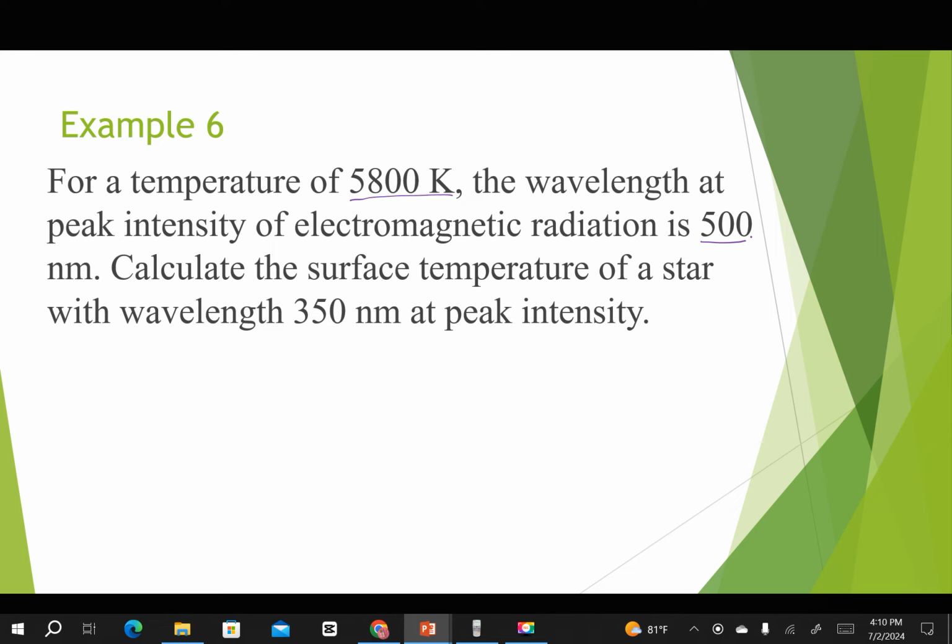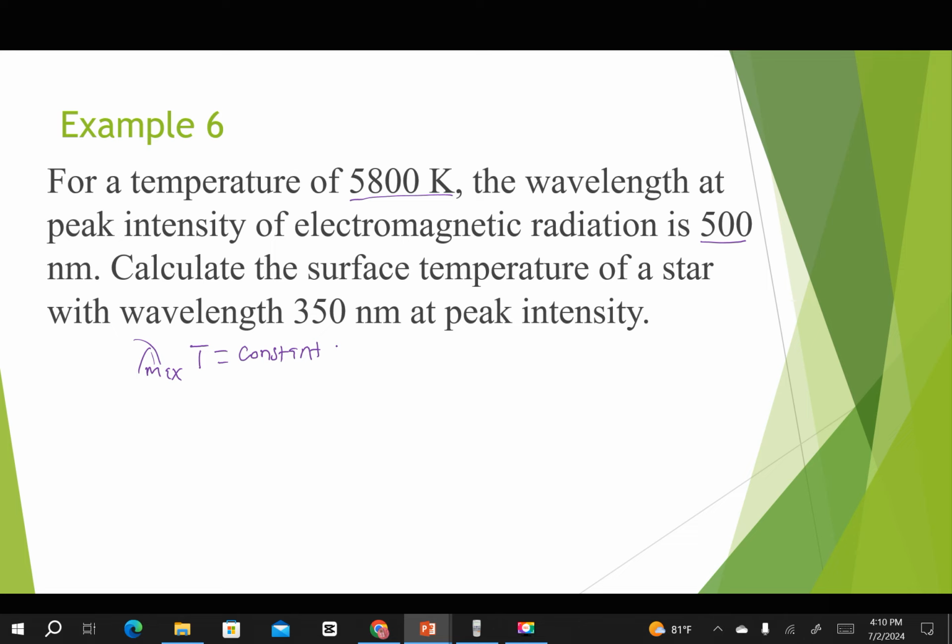So using Wien's displacement law, we know that the wavelength at maximum intensity times temperature is equal to a constant. I want you to note very carefully that this wavelength is not the maximum wavelength. It is instead the wavelength at maximum intensity. Relating to example number 4, I'll come up with the two equations and equate them.